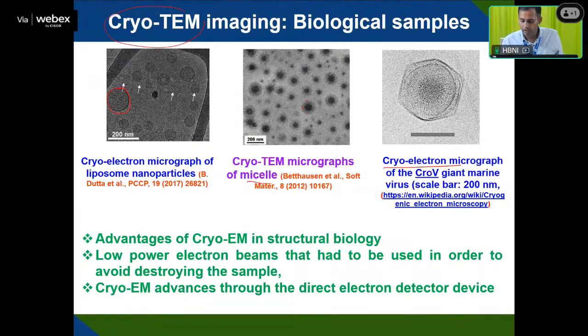Here is a giant marine virus. You can freeze this virus structure. So that biological structural information you can get. The cryo-TEM operates at 220 keV electron volt. It's much less than the 200 used in TEM. You can detect the biological information.